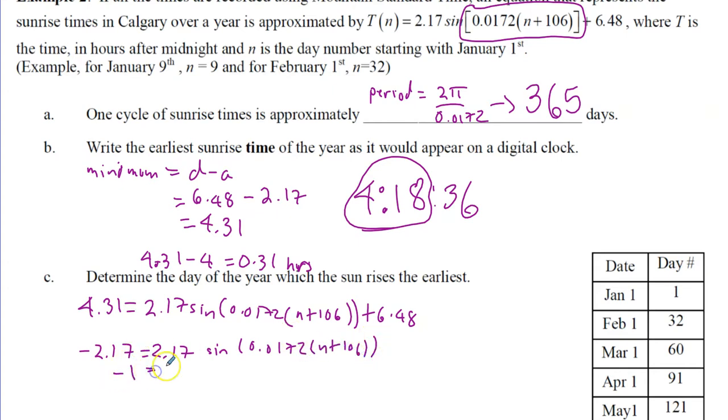Negative 1 equals sine 0.0172 n plus 106.